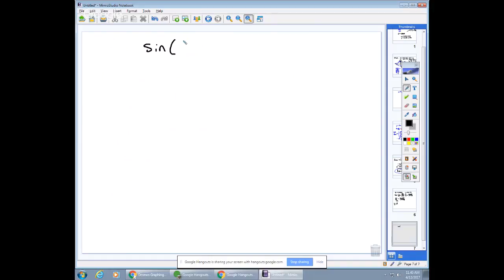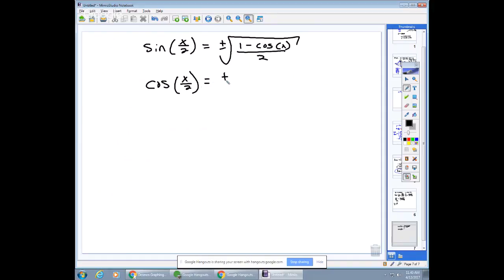The sine of x over 2 is equal to plus or minus the square root of 1 minus the cosine of x, all over 2. And the cosine of x over 2, so this is just a tweak of the formula we were just doing, is the square root of 1 plus the cosine of x, all over 2.